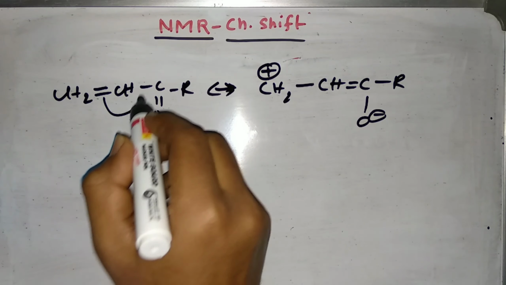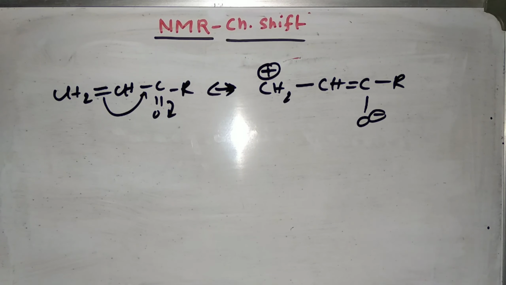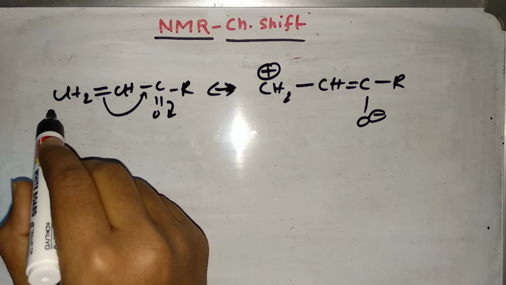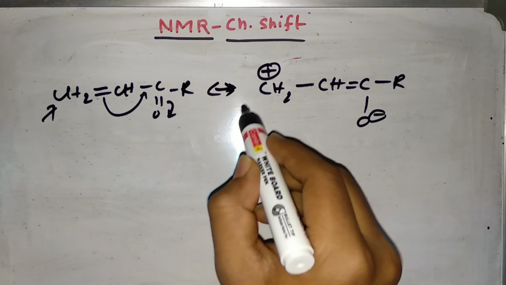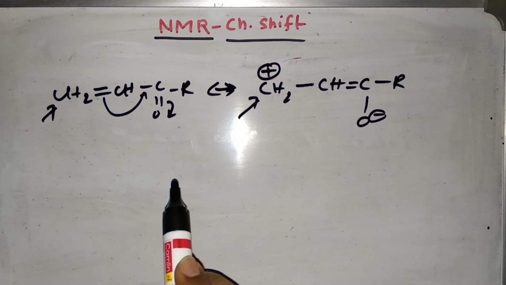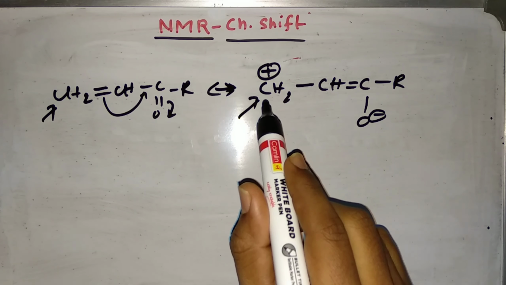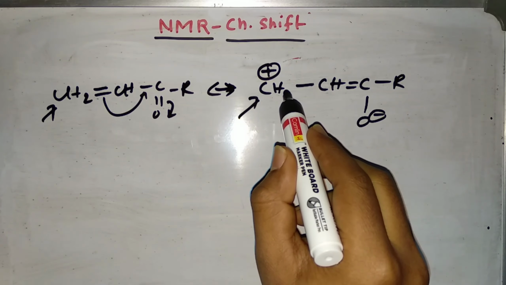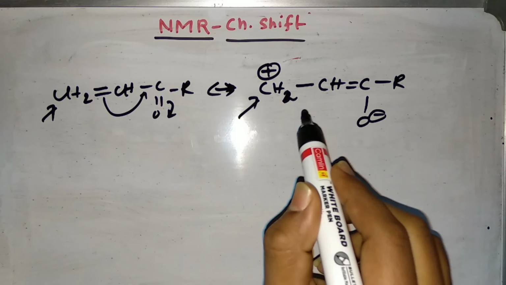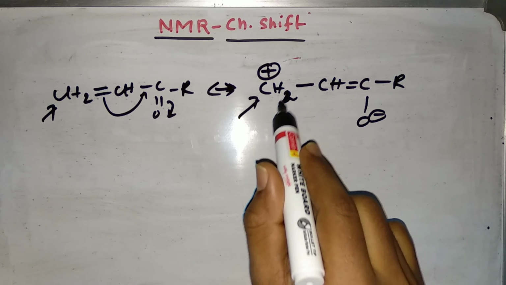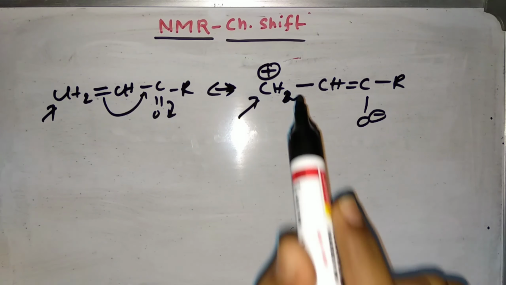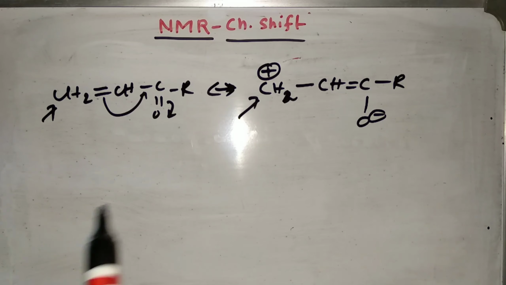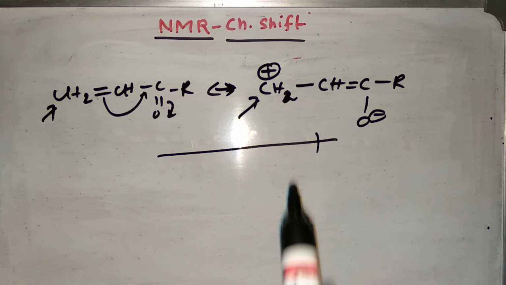Because of this resonance, the electron density on this carbon atom decreases, and there is one plus. As the electron density decreases, the electron density near the hydrogen atom also decreases, and one of these hydrogen atoms shows the chemical shift value at a higher chemical shift value.